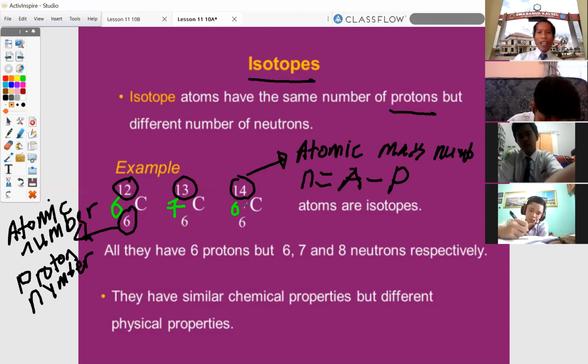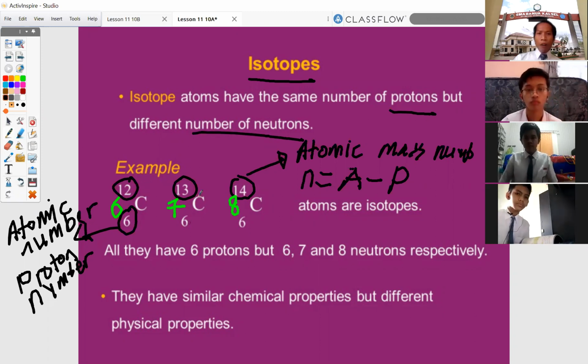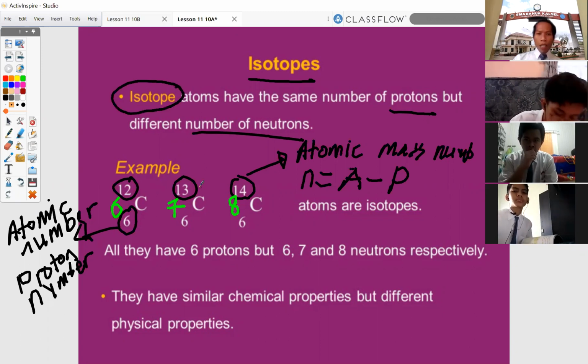As you can see here, guys, the number of neutron are different, but the number of proton are the same. So this kind of atoms are called isotope.